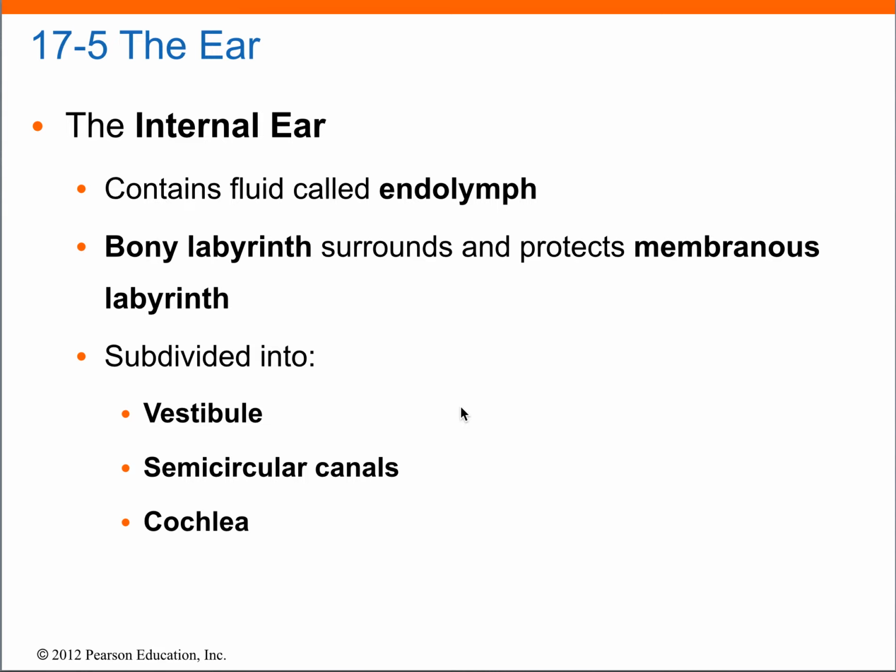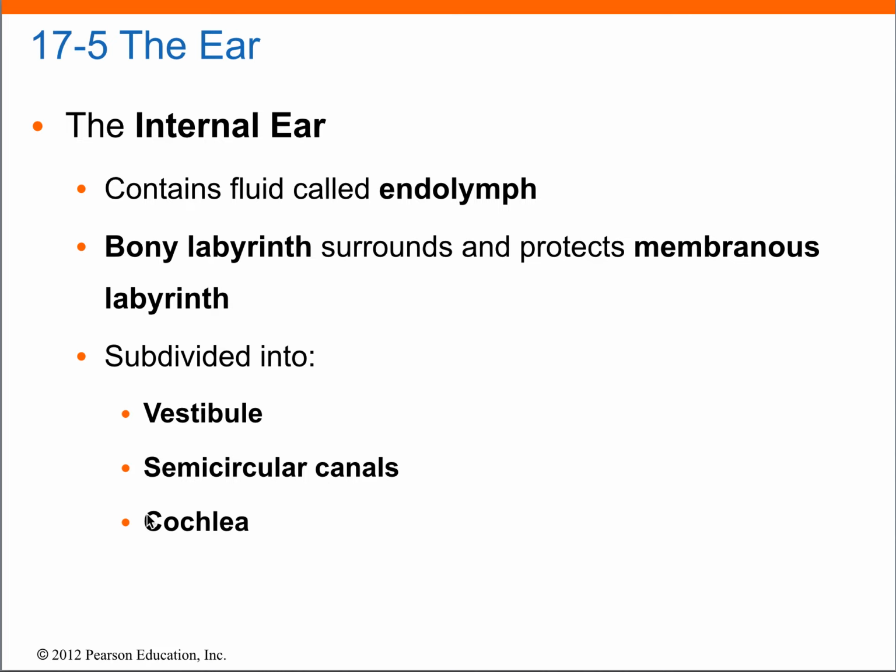If I'm driving in a car and I speed up, that's linear acceleration. If I slow down, that's also linear acceleration. But what if I spin on a chair? Well, I have other means to detect changes in equilibrium by looking at what we call semicircular canals. So one more time, utricle and saccule are linear acceleration, semicircular canals are angular acceleration.